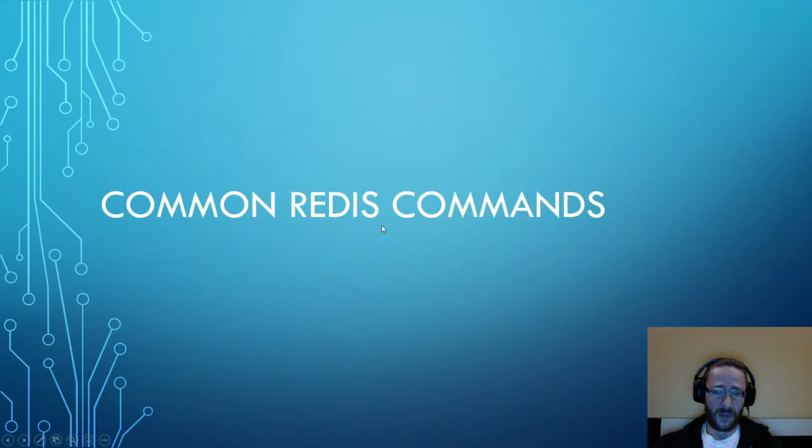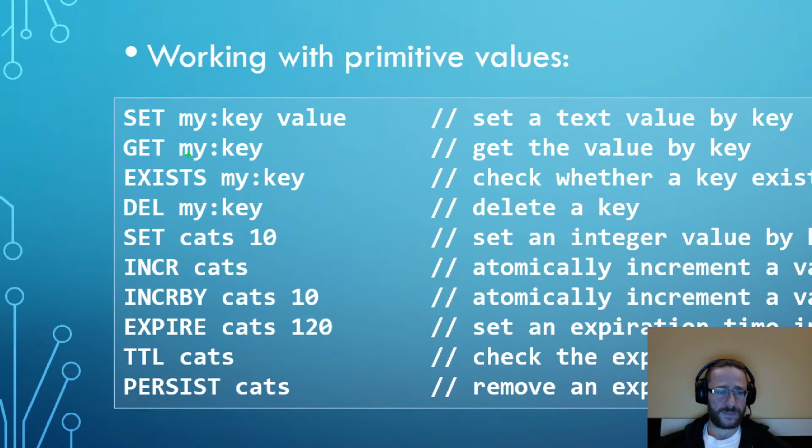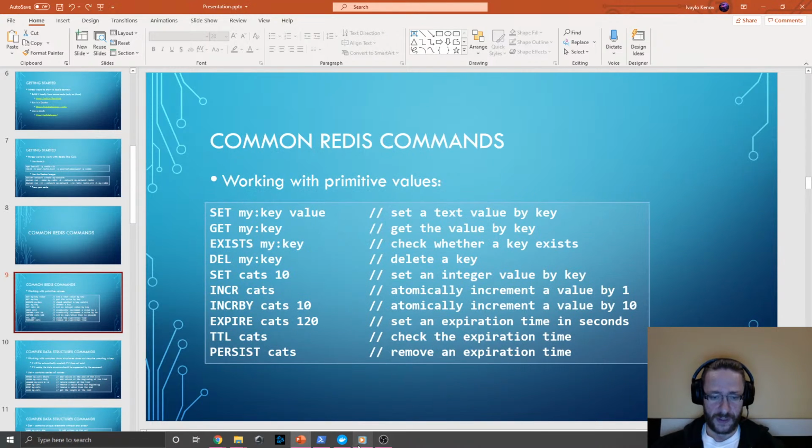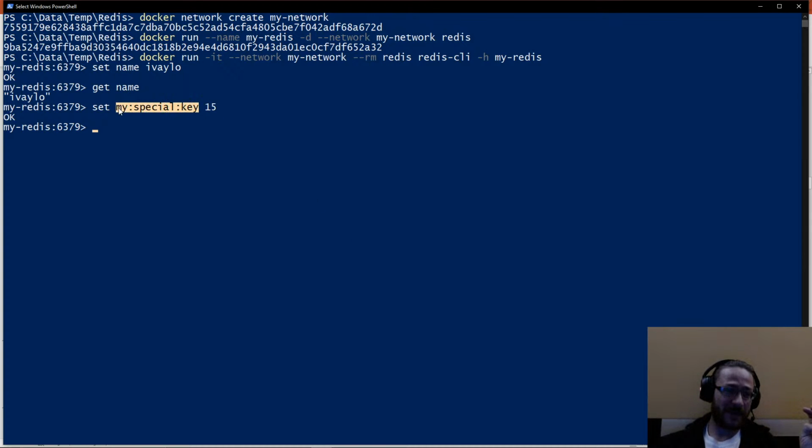Let's see the common Redis commands. First, we can use primitive values. That's essentially the string data type. We have set and get, which allows us to set a value and get a value. For example, if I say set my special key to be 15, I will store the number 15 in my special key.